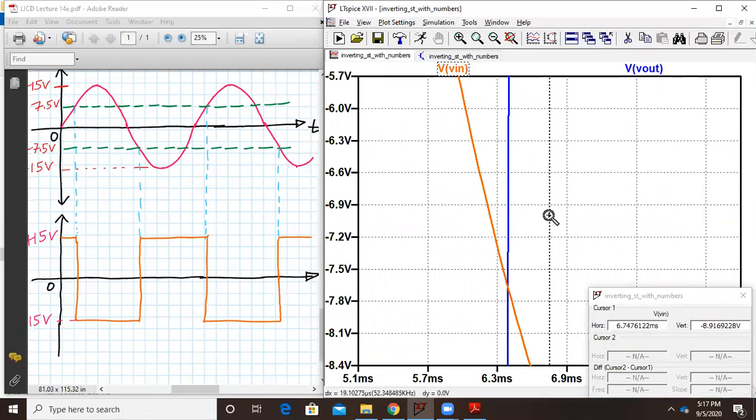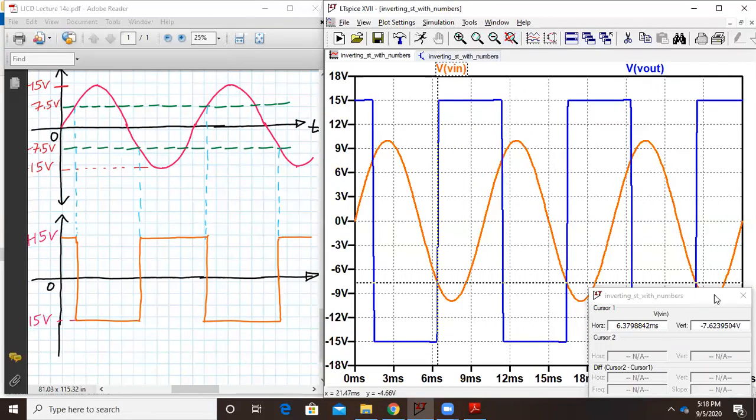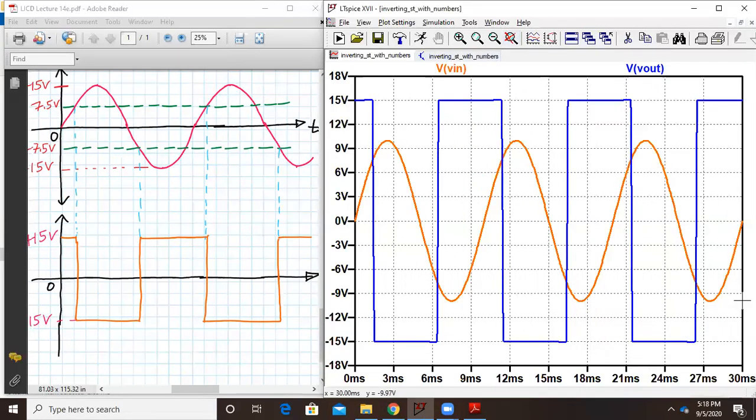Let me cross check this. So here also we are getting 7.68 or 67. So this is the value of the lower threshold point, that is minus 7.5. So your input output waveforms are perfectly fine. No problem with them at all.